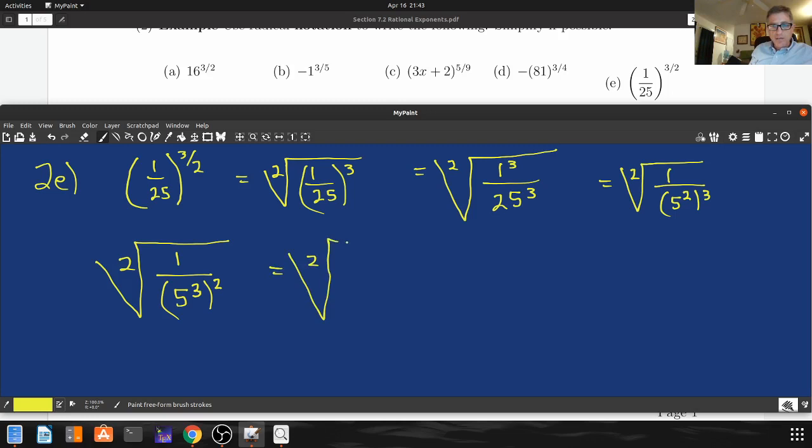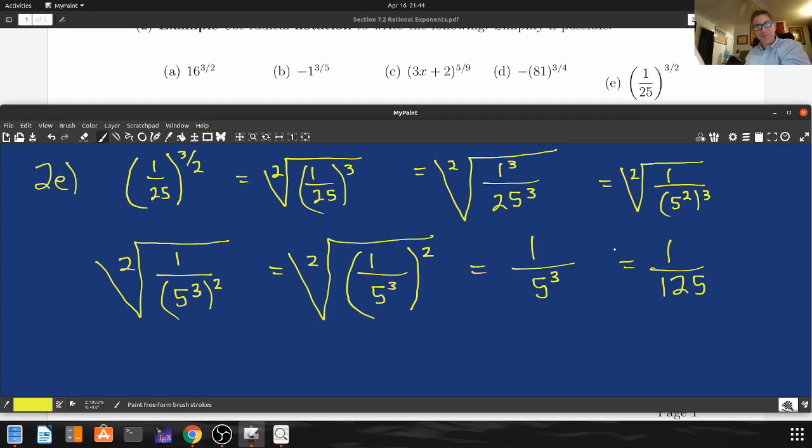A lot of manipulations here, but they're pretty trivial. Over 1 over 5 cubed. The whole thing is squared. That's another exponent rule. So now the answer is 1 over 5 cubed, which is equal to 1 over 5 times 5 is 25, times 5 is 125.